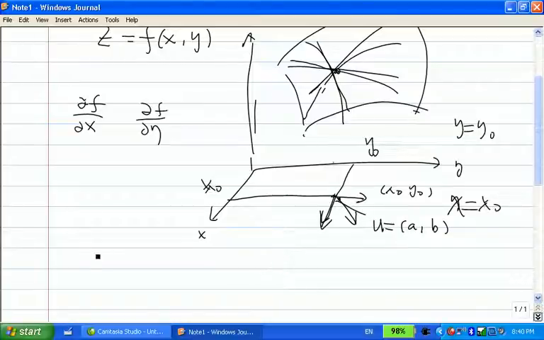For the directional derivative in the direction u, we use D_u f, evaluated at (x naught, y naught).